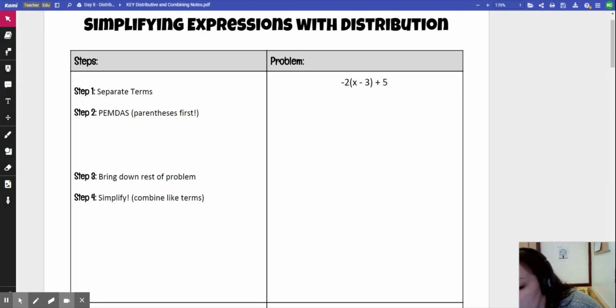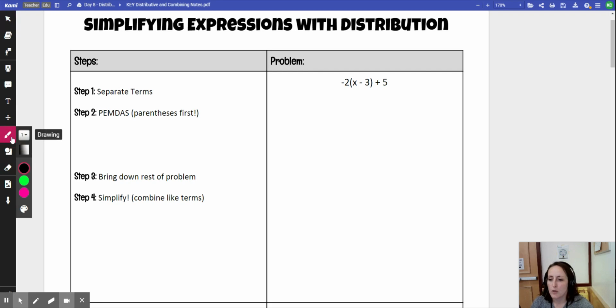Okay, so hopefully you got it right, but if you didn't, no big deal. We're going to go over how to do it right now. So first and foremost, order of operations, which is PEMDAS, has parentheses coming first. Our parentheses in this case is distribution, which we all know how to do. You can do the area model, which has our box.